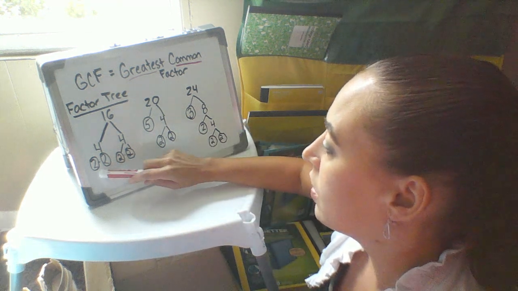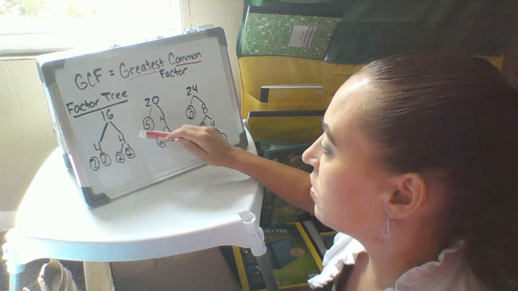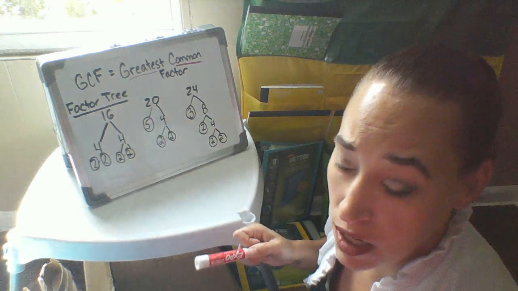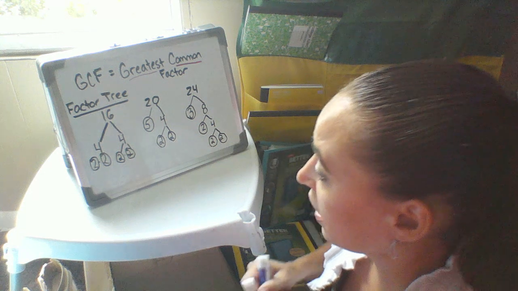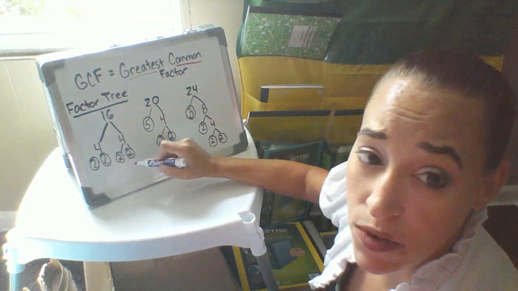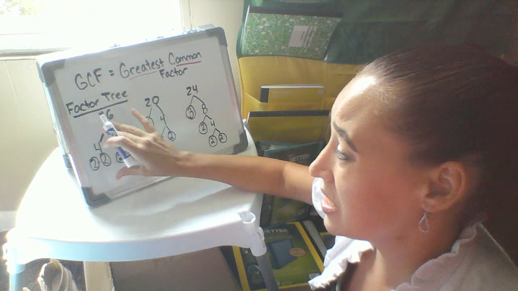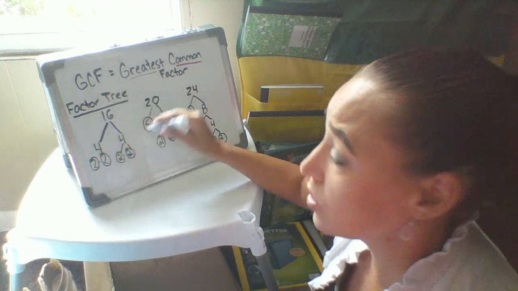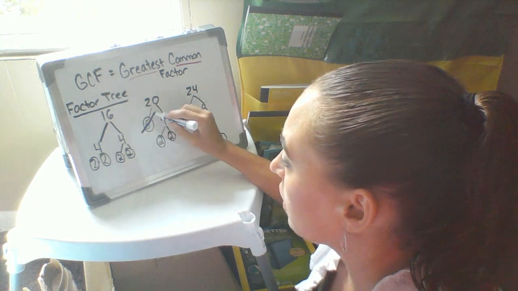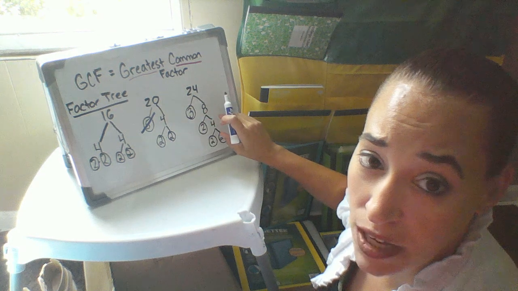I see 2's over here. I see 2's and a 5. But right away, I know this 5 I have to cross off because there is no 5 over here. So can it be a common factor? No, because 16 does not have a 5. So 5 is not common. Remember, all 3 of them have to have it.